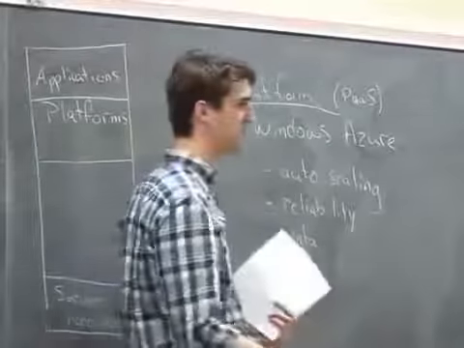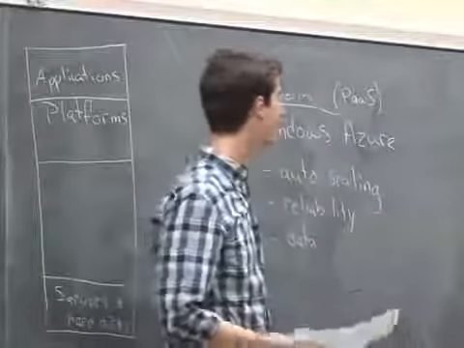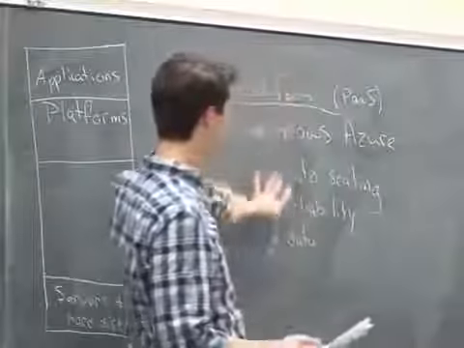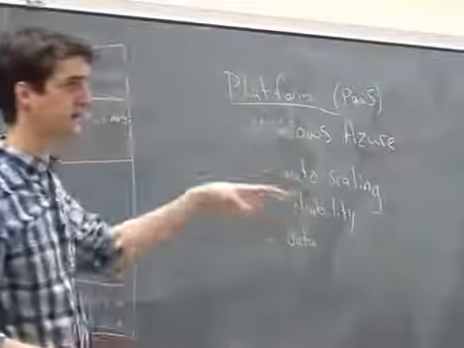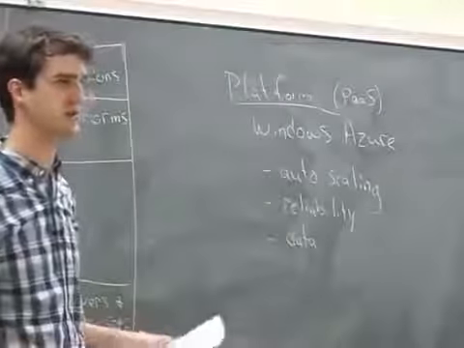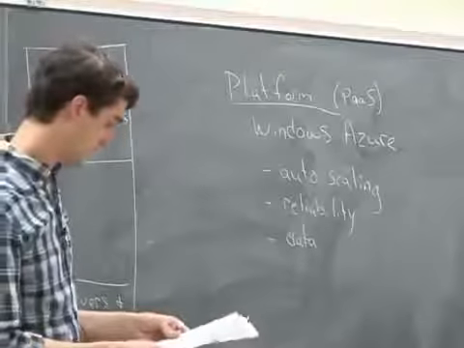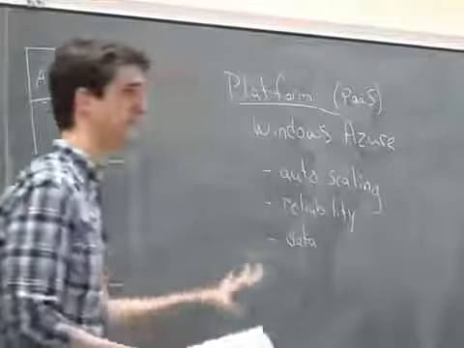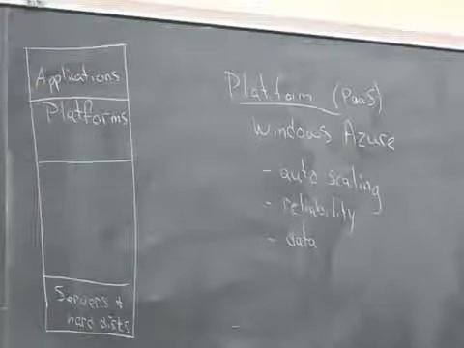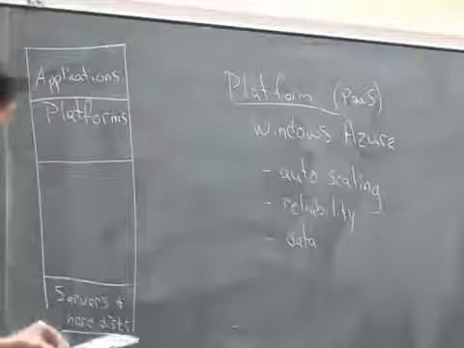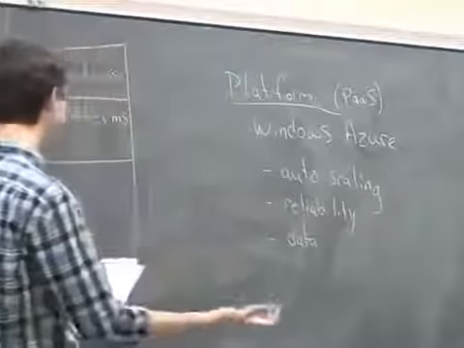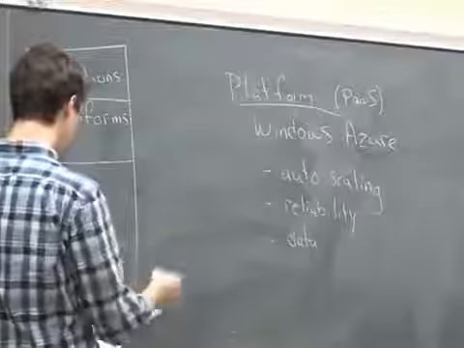Well, you need to have a backup copy of that data somewhere, right? Well, if you build on top of one of these platforms, then they automatically keep multiple copies of your data for you and so on. Okay, so are there any questions about platforms? I just want you to know that it's basically something that makes it easier to write a cloud application.